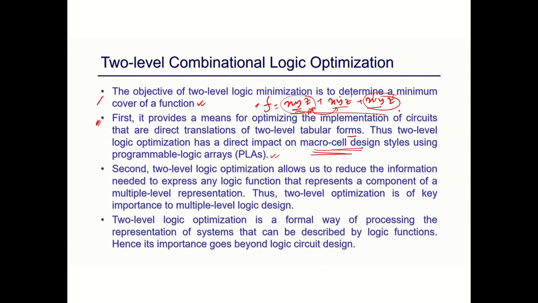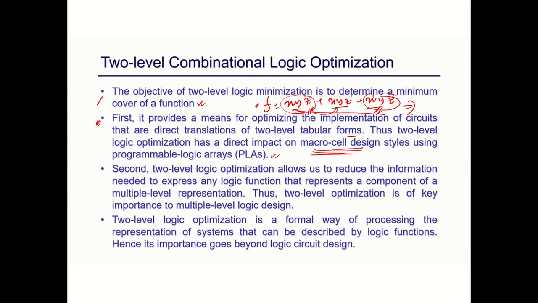The function is given, we translate it and try to reduce some parameters with the help of some tabular method, with the help of some property given for the Boolean function, so that the number of covers or product terms is reduced and we get the minimum circuit to realize a particular function.